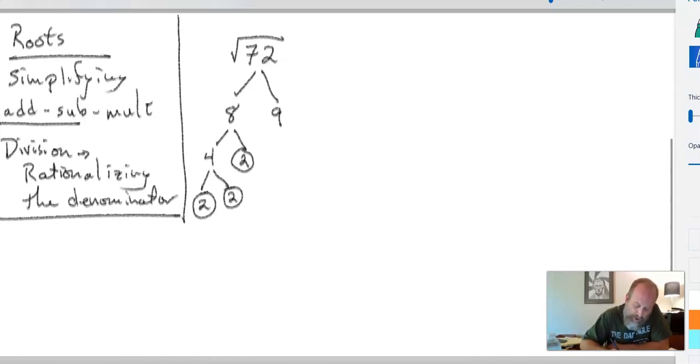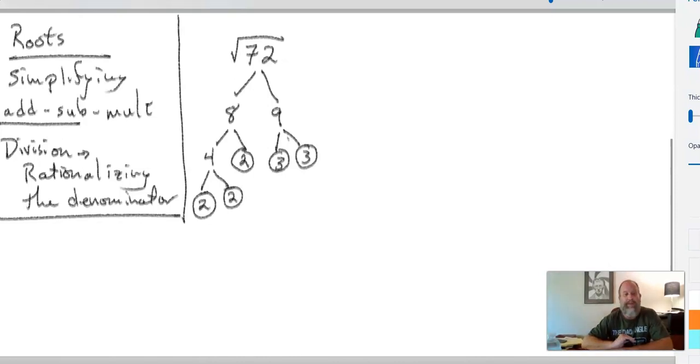And then once I have all primes at the bottom, I like to circle those, especially when it's a big number you're factoring. Sometimes those things get really kind of crazy, and you don't want it to. So it's best to actually circle the prime numbers as you run across them. And then 9 is 3 times 3, and 3 is prime, so that means I can circle both of these.